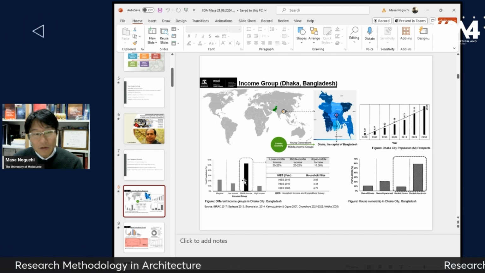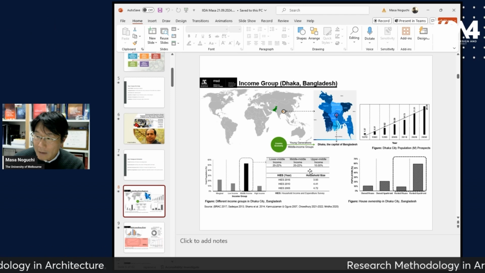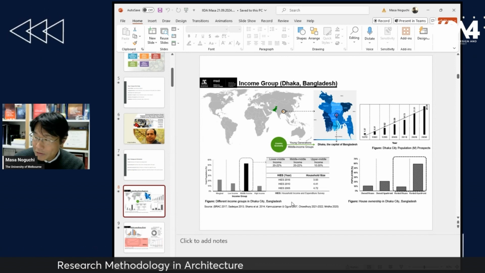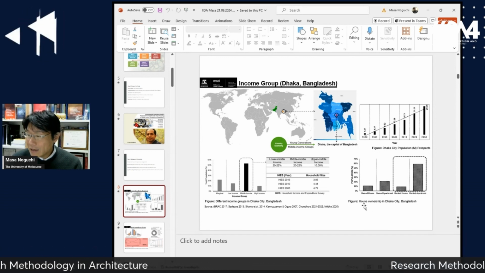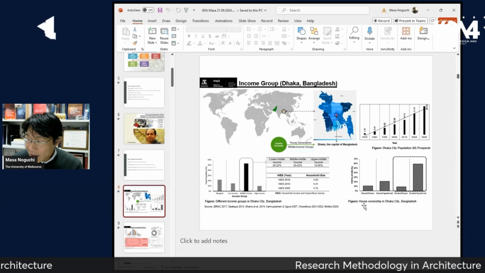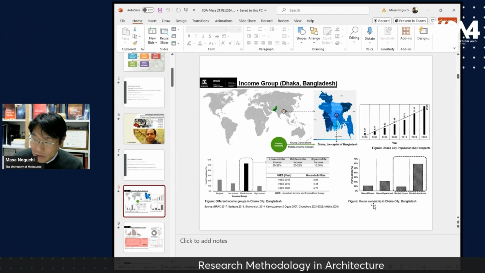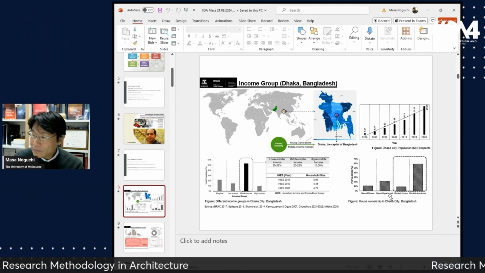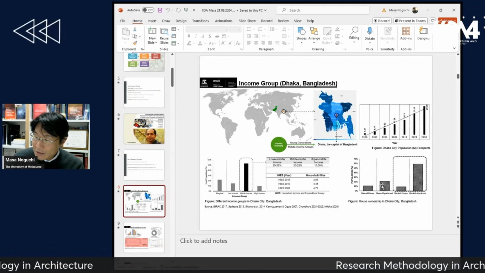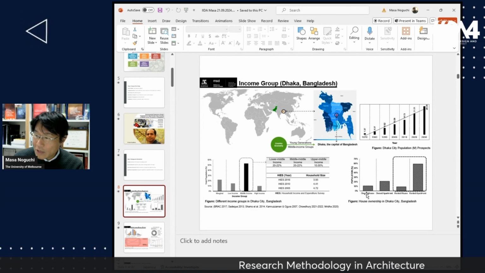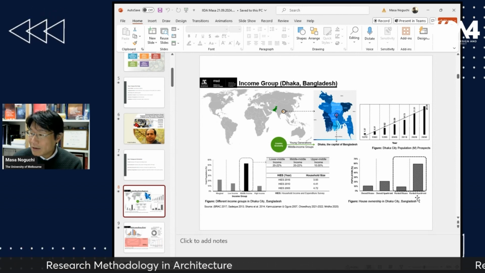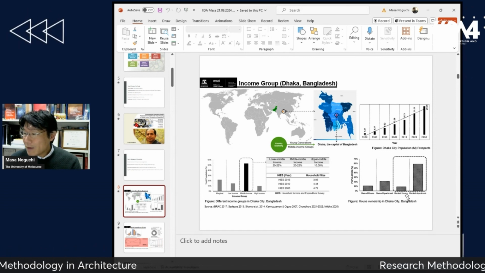But even middle income groups can fall into three types: low middle and upper middle. Okay? So he wanted to explore this further, and he also investigated home ownership in Dhaka in Bangladesh: rented houses, which are apartments, and own apartments, okay, and rented and own houses.